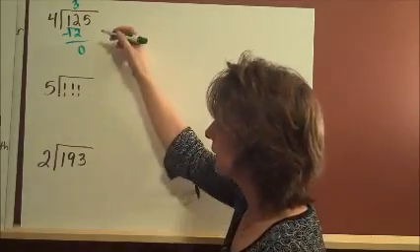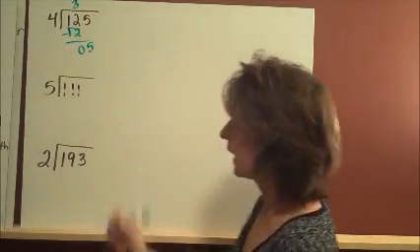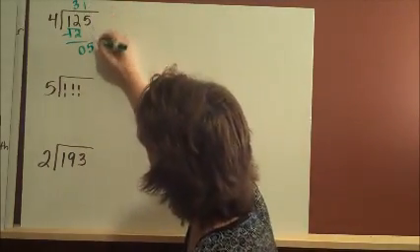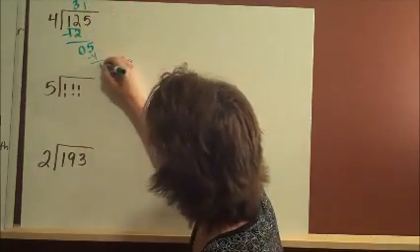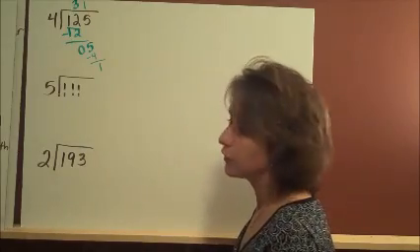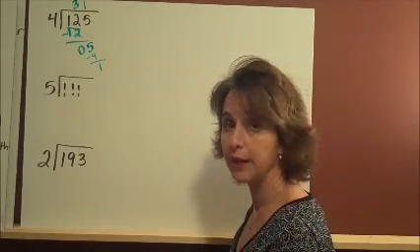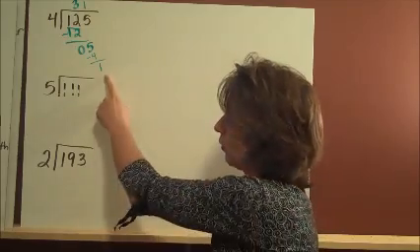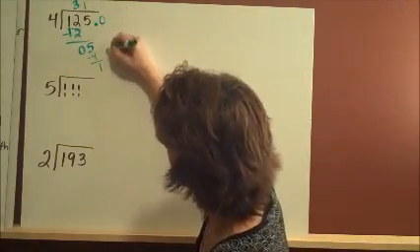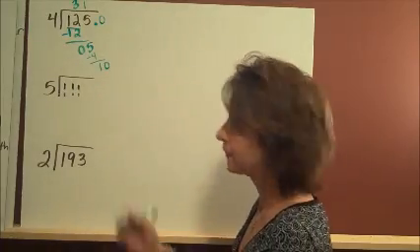And now it's time for me to figure out the ones. I have 5 ones. I can give them each 1, and that means that I will have 1 left over. Having 1 left over means I now must trade it for tenths. 1 whole is the same as 10 tenths.